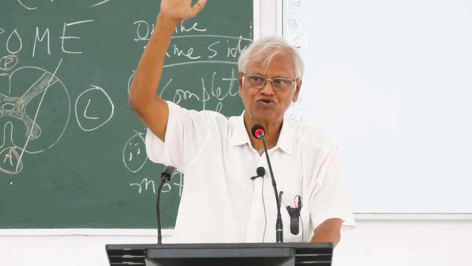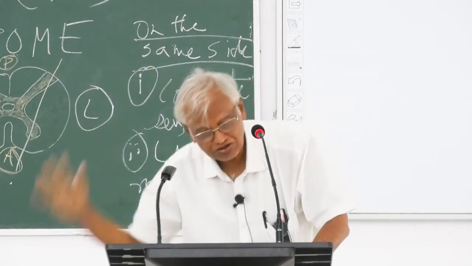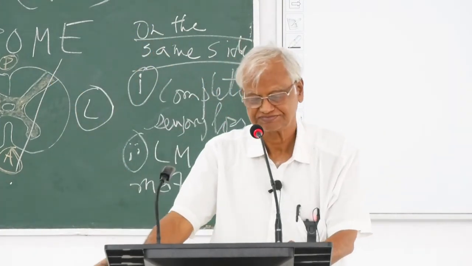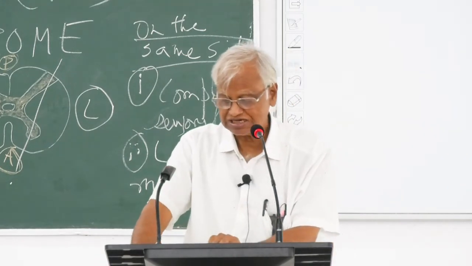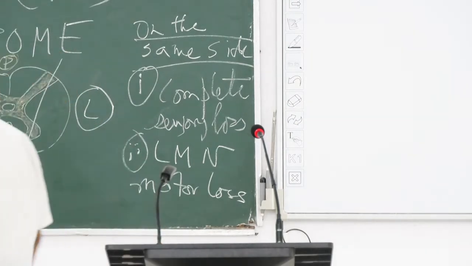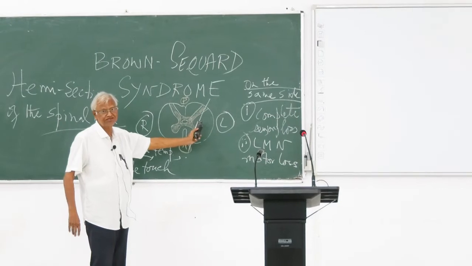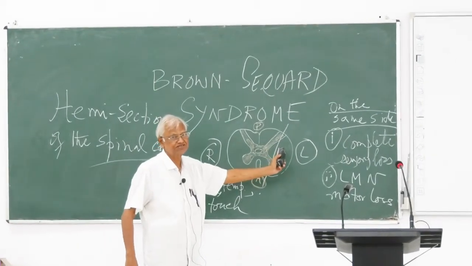So above the lesion, at the level of lesion, below the level of lesion. Below the level of lesion is very important. That means below, we said the lesion has been on the 10th thoracic vertebra.